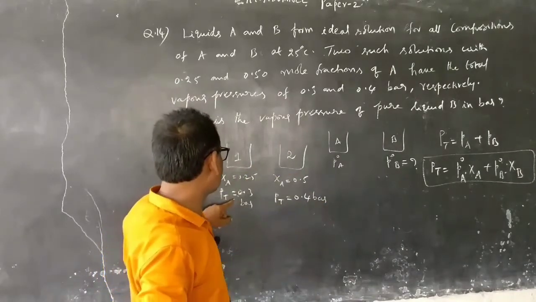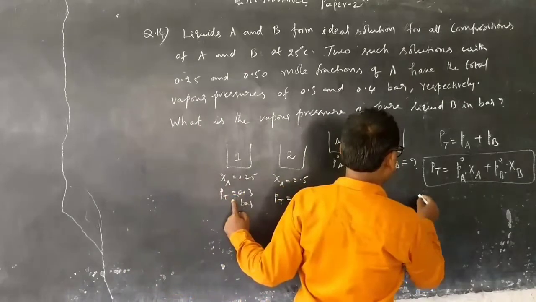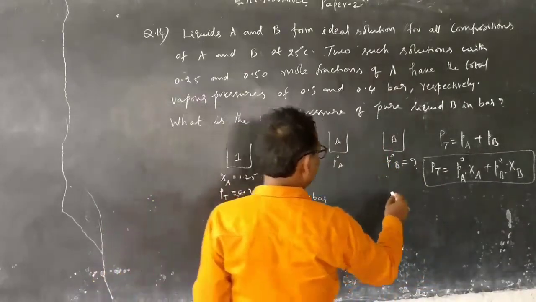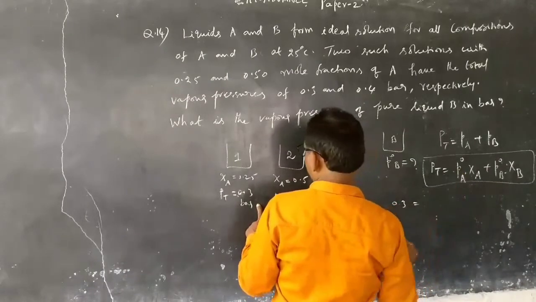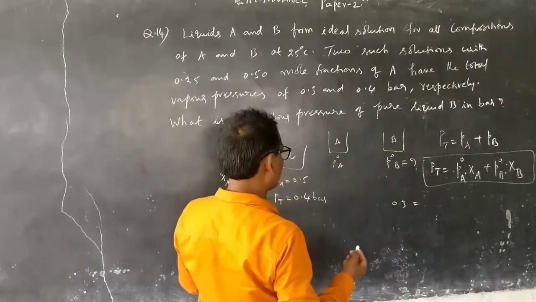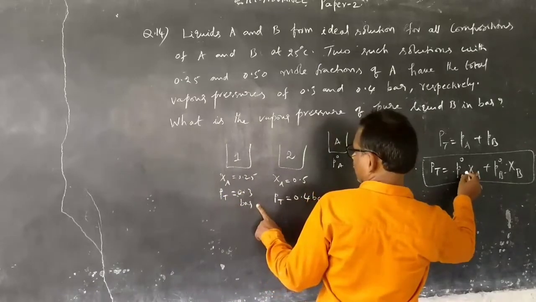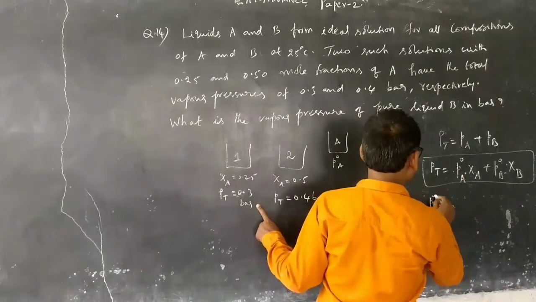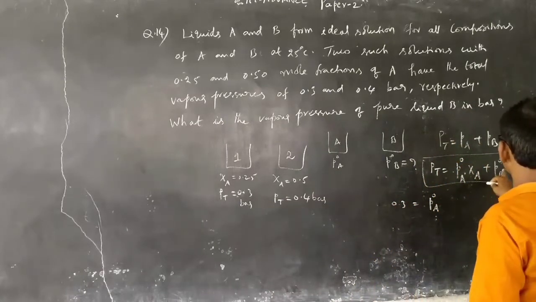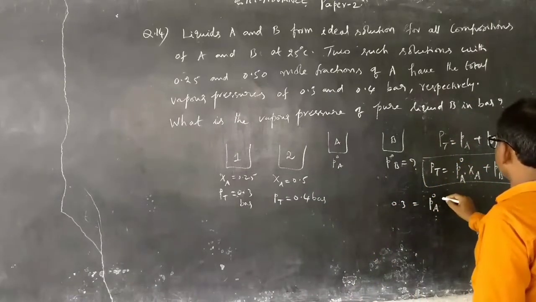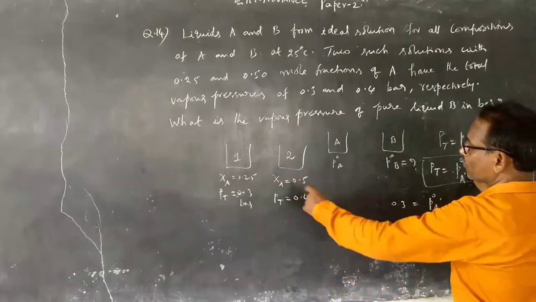So what is the total pressure here? It is given as one of the equations: the total pressure is 0.3 bar. And what is P naught of A? We don't know P naught of A. And XA, what is the mole fraction of A at one moment?